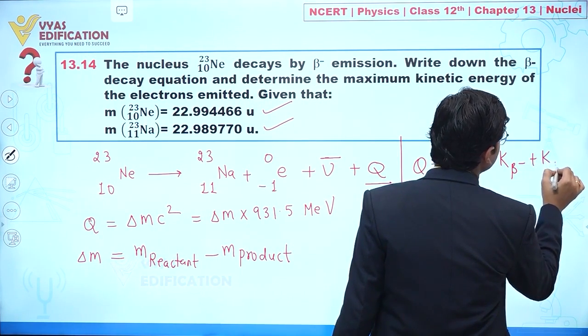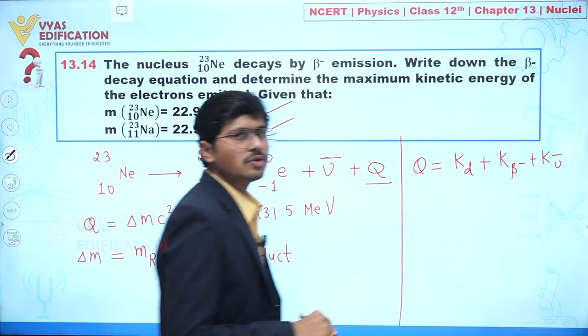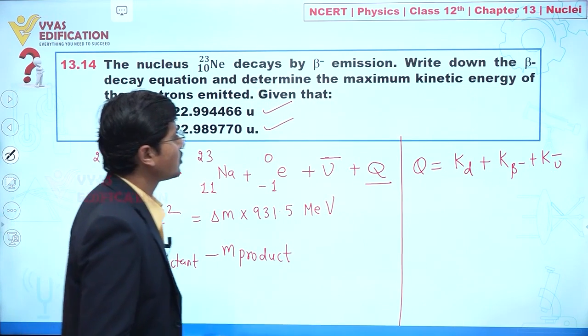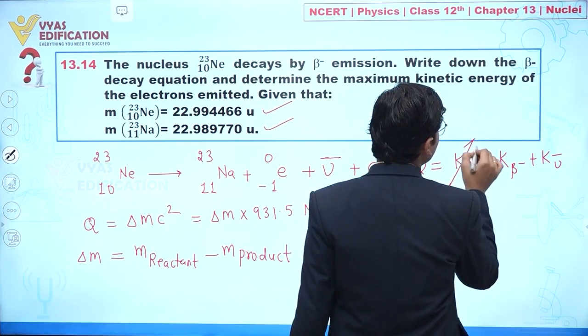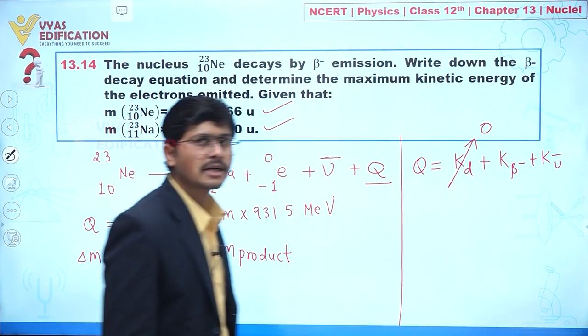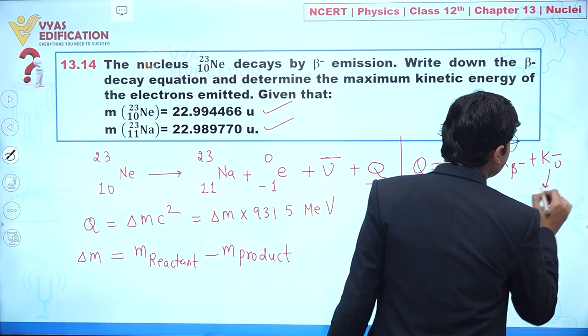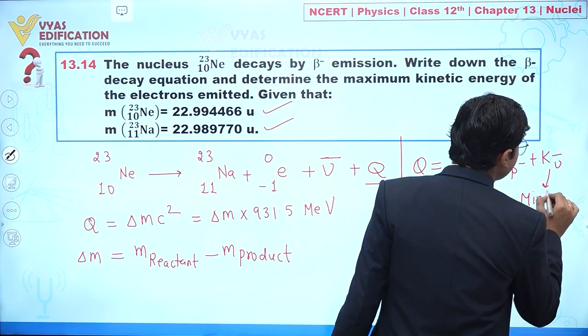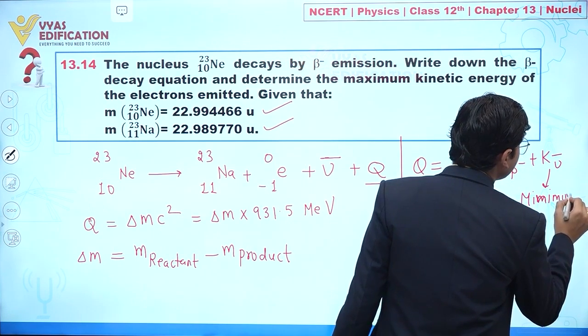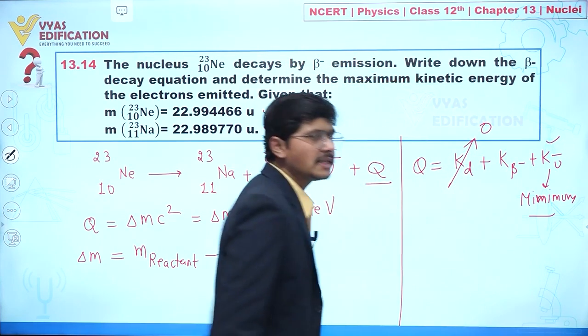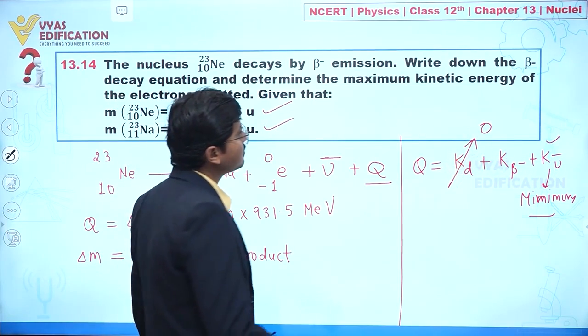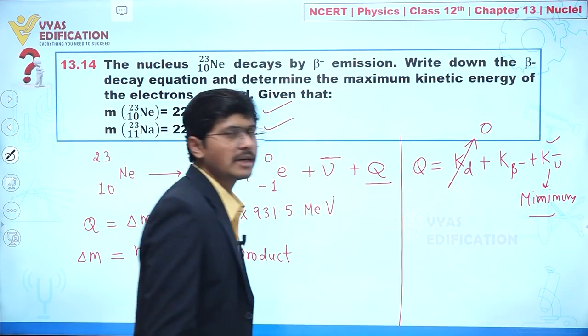Now our objective is to find maximum kinetic energy of electron. So definitely, because this daughter nuclei is very heavy, we are neglecting kinetic energy of this daughter nuclei. Clear? And if we take this as minimum, kinetic energy is minimum for this one. Clear? So at that time you can say we are getting maximum kinetic energy of the electrons that is emitted.